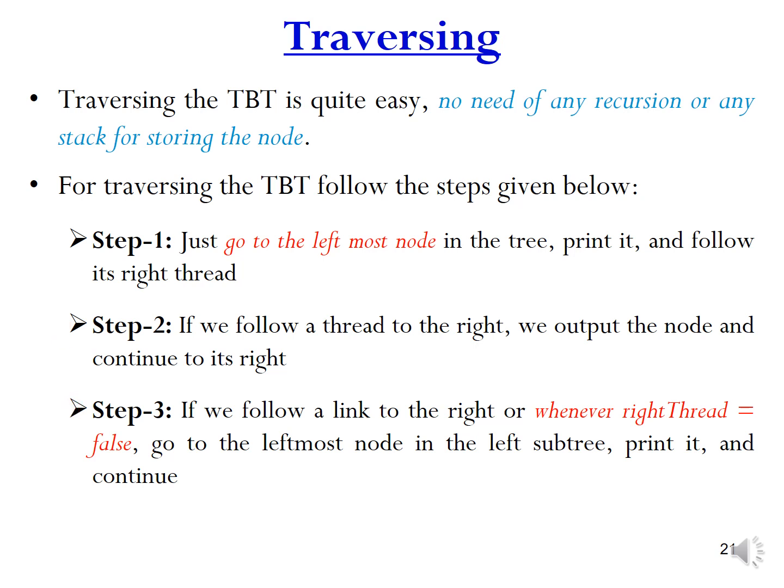Step 3: whenever the right thread is false, go to the leftmost node in the left subtree, print it, and continue. This is an important step. Whenever we find the right thread is false, it means we have to go to the leftmost node in the right subtree, and then print that particular node and continue.